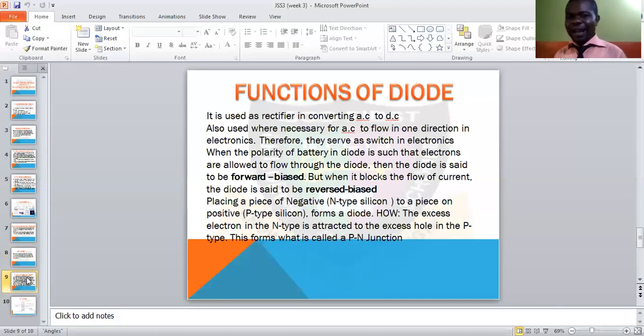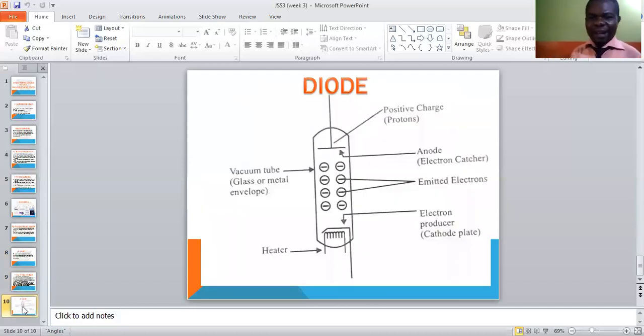What does the diode do? From what we have discussed, this is a diode. I will come back to the functions. Let's look at the diode. Just like you have your battery, you know your batteries, you have two ends.